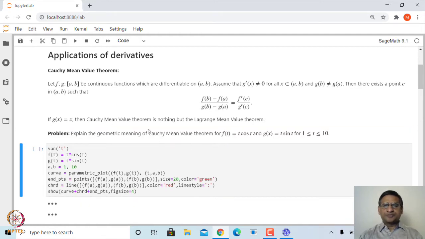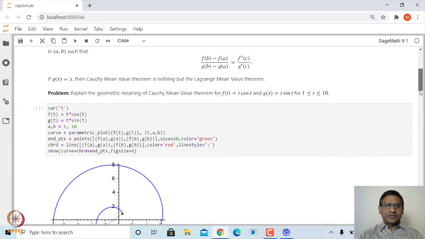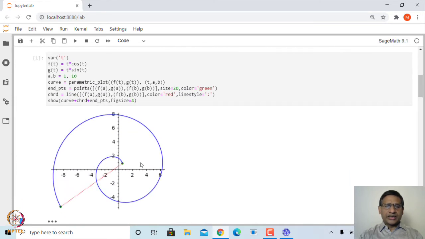Now, let us define t as a variable, f(t) and g(t), and a and b are the endpoints. So, that is 1 and 10. Let us plot the curve and the chord joining the points (f(a), g(a)) and (f(b), g(b)).